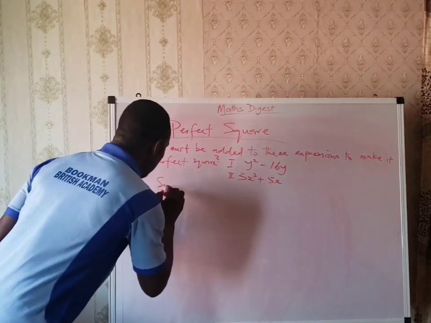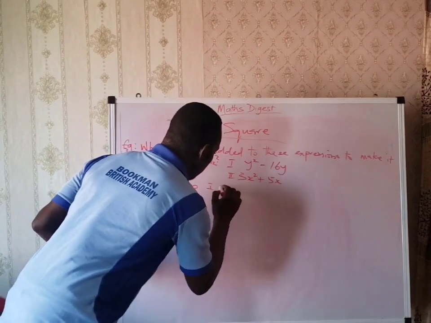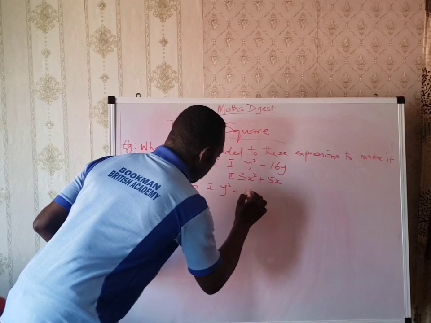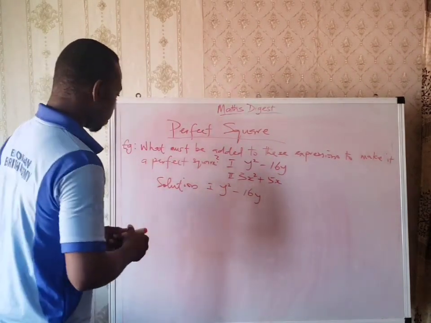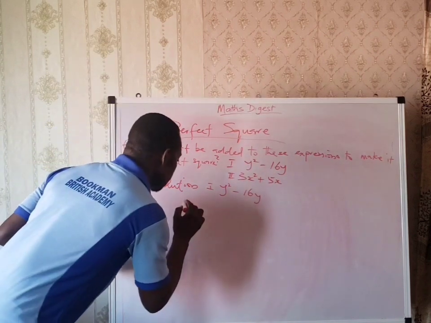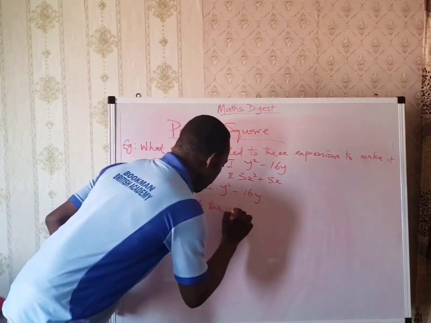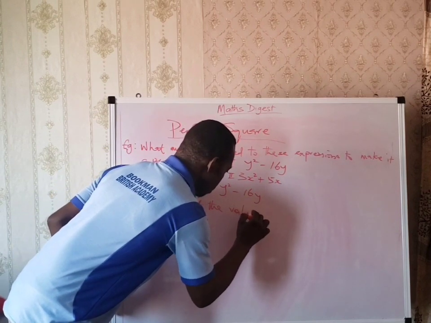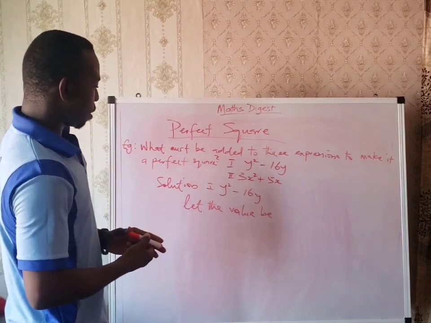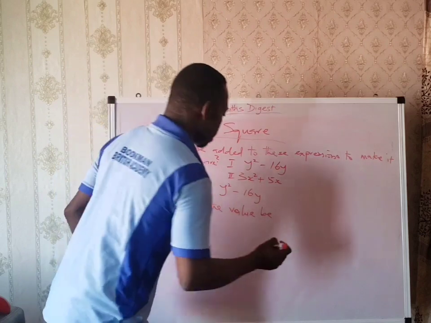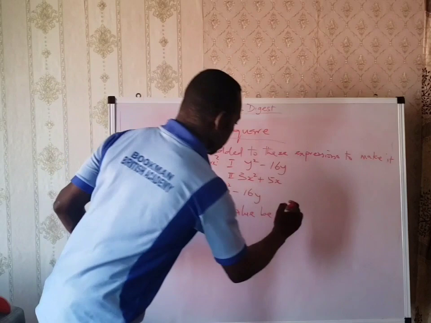Number one. Now, this first one we can say let the value be, you can choose any letter, maybe we'll say let's say t squared.